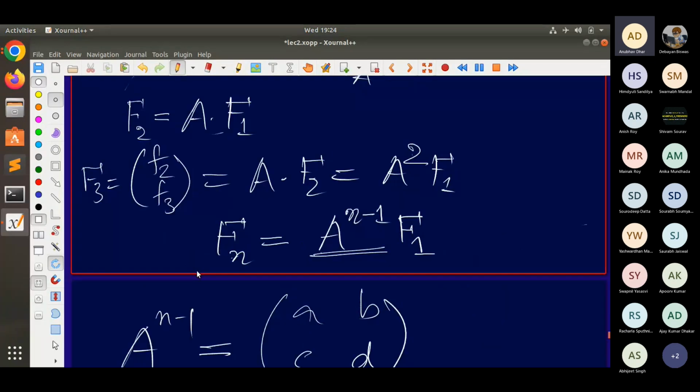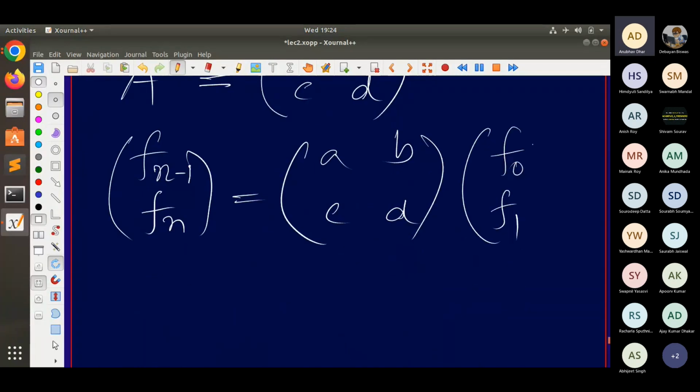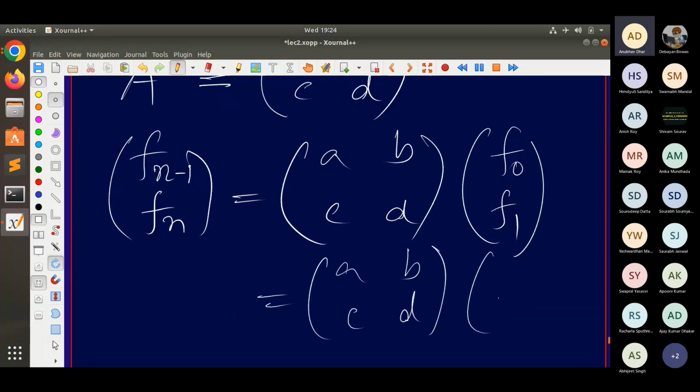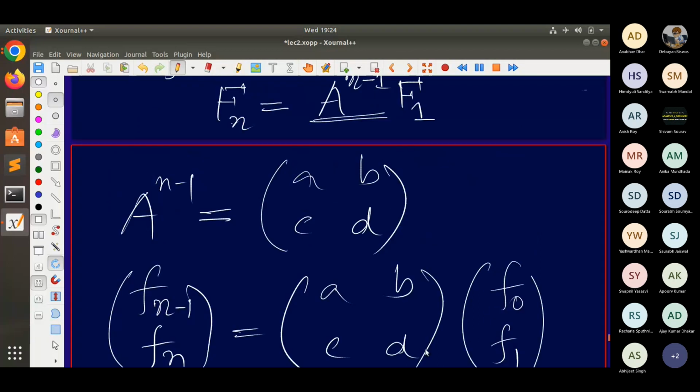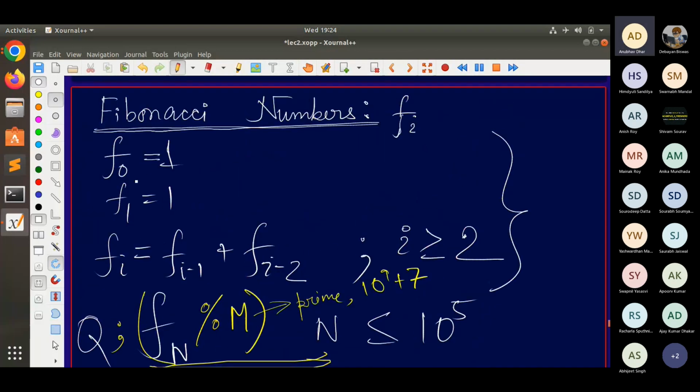Okay, so I think f of 0 should be 0. Yeah, I mistakenly wrote this as well. This should be 0.